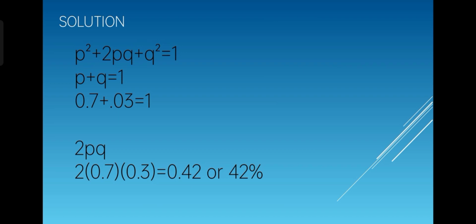So the dominant is 0.7, plus 0.3, a total of 1. So we are going to use the second equation, which is p squared plus 2pq plus q squared equals 1. The 2pq, or 2 times 0.7 times 0.3, equals 0.42, or 42%.